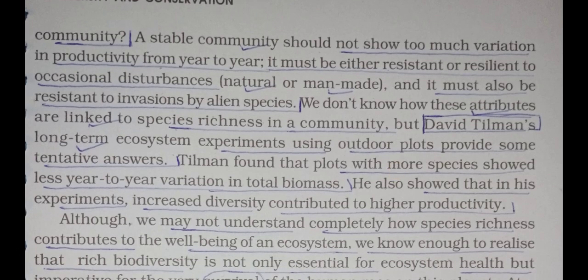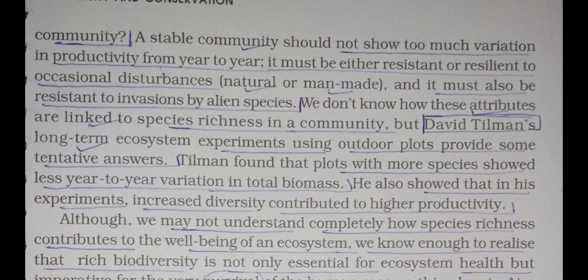Now see, these are the characters. Okay, so the characters are important. You will remember all these characters. A stable community should not show too much variation in productivity from year to year. It must be resistant to occasional disturbances, maybe natural disturbances or man-made disturbances, and it must also be resistant to invasions by alien species.